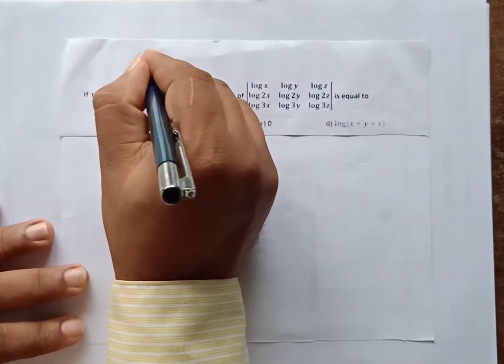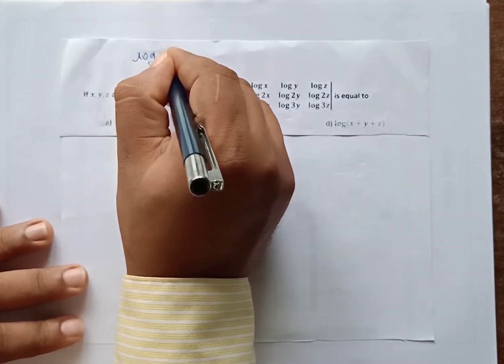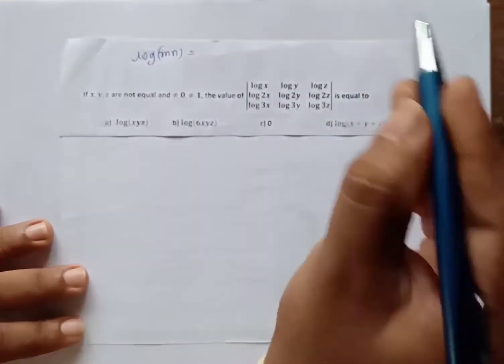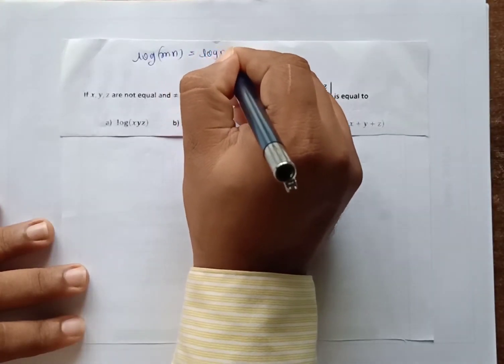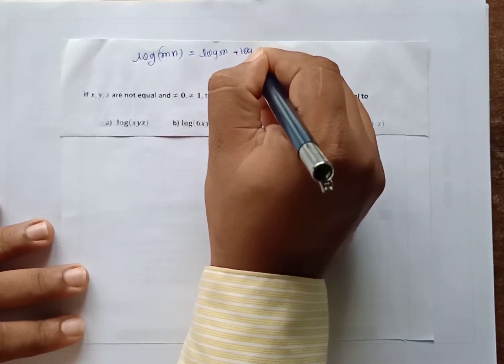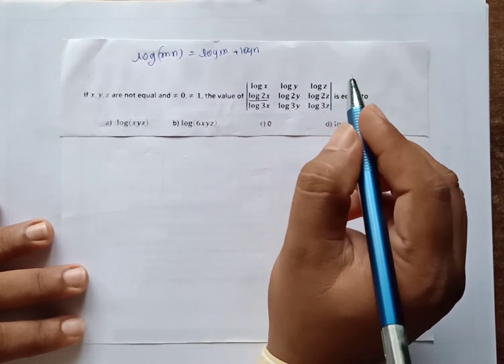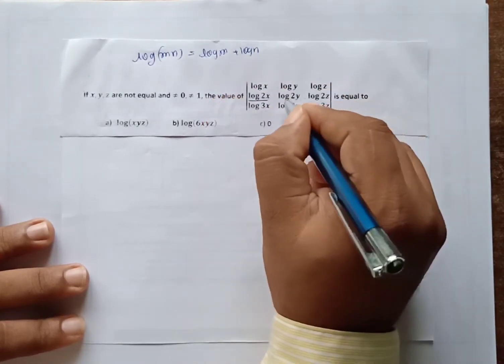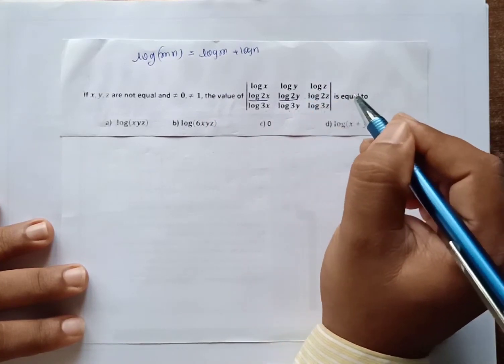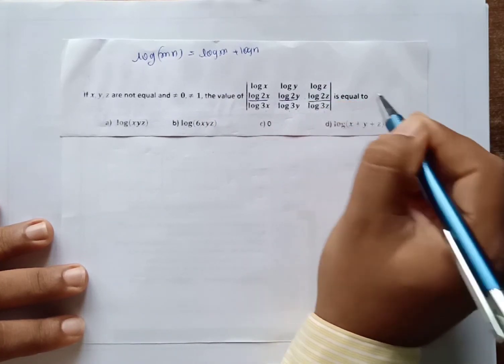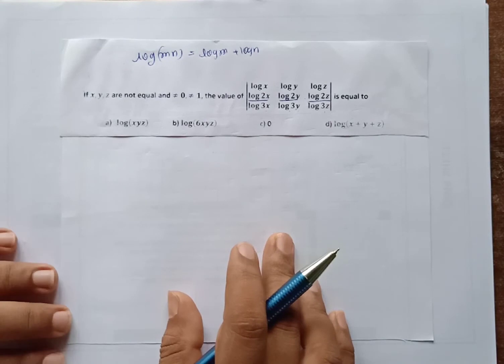Here we are going to use the formula: log of mn can be written as log m plus log n. So log 2x can be written as log 2 plus log x. Log 2y can be written as log 2 plus log y. Log 2z can be written as log 2 plus log z.